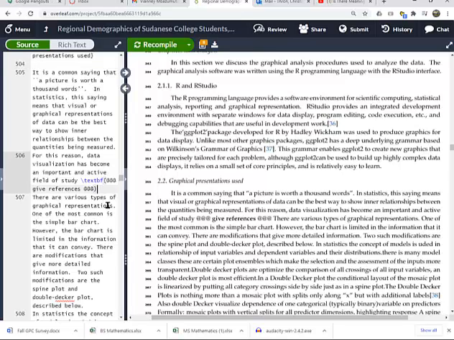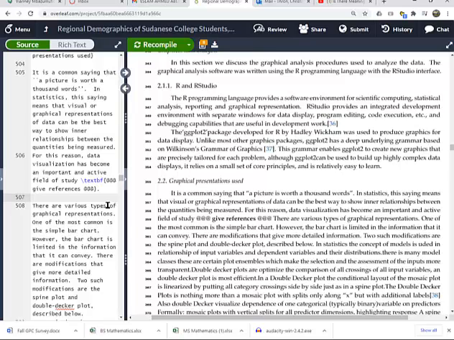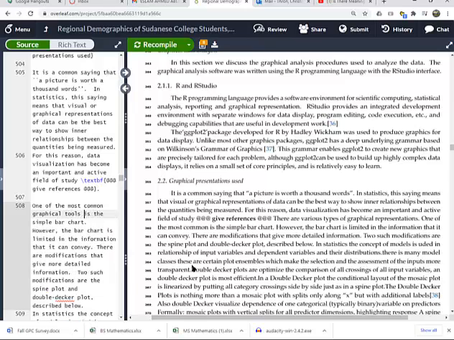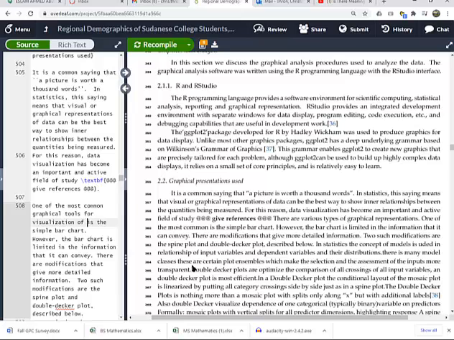Then let's just say one of the most common graphical tools for visualization of categorical data.